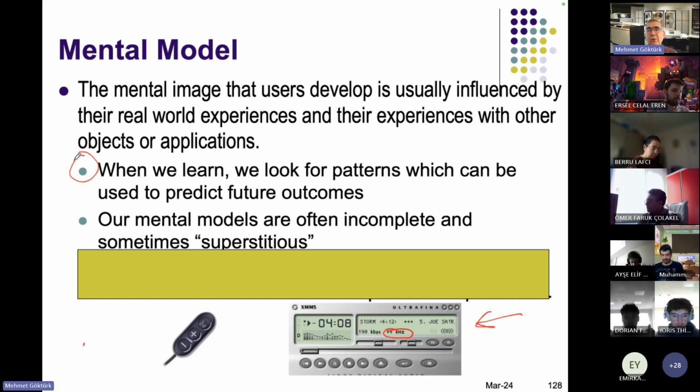So my use of the device, my use of the interface, is formed by those past experiences. However, even if we get the education, our mental models are often incomplete and sometimes superstitious.